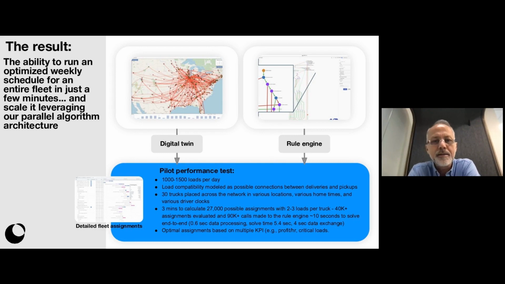And in this case, we placed 30 trucks around the network, and in about 3 minutes, it calculated 27,000 possible week-long assignments for a truck. And then in less than 10 seconds, it figured out, of those 27,000, what are the 30 best assignments that will maximize revenue per hour for the entire fleet.